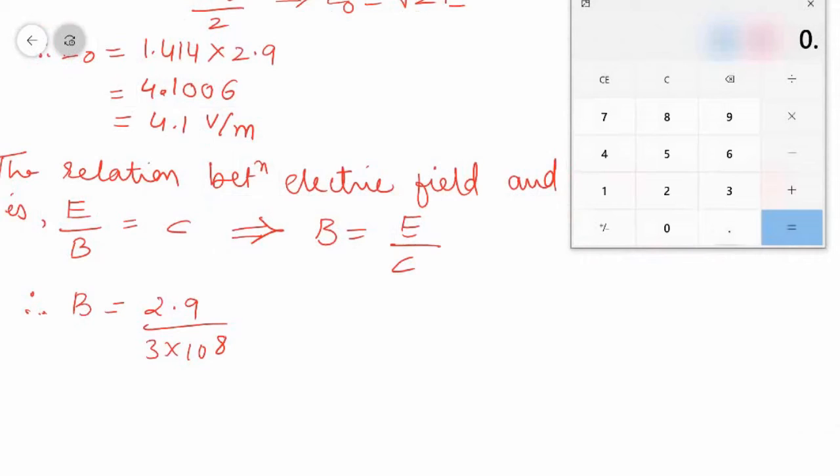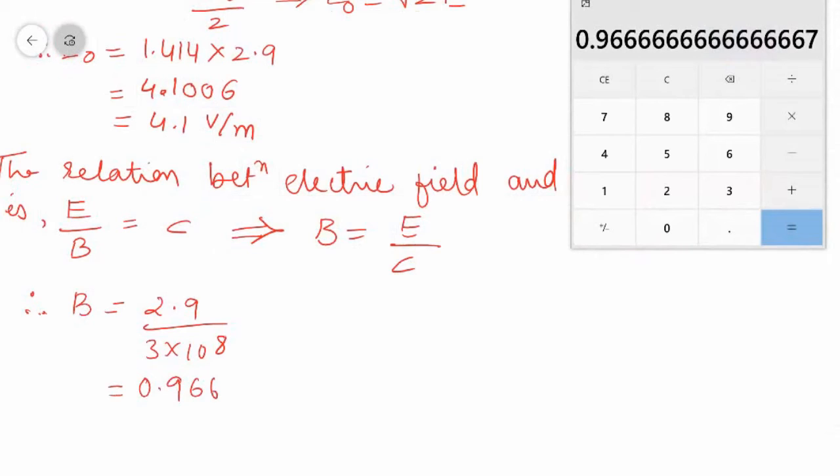So 2.9 divided by 3 is 0.9666 into 10 raised to minus 8 Tesla, or you can write 9.67 into 10 raised to minus 9 Tesla. This will be the value of magnetic field.